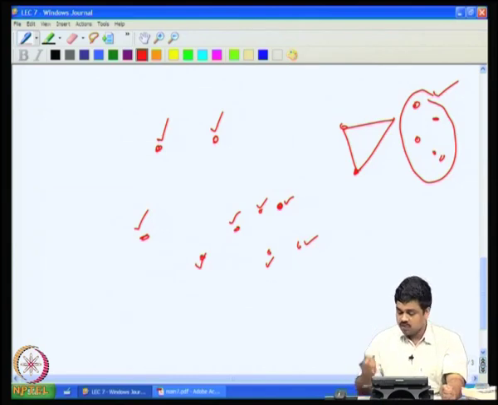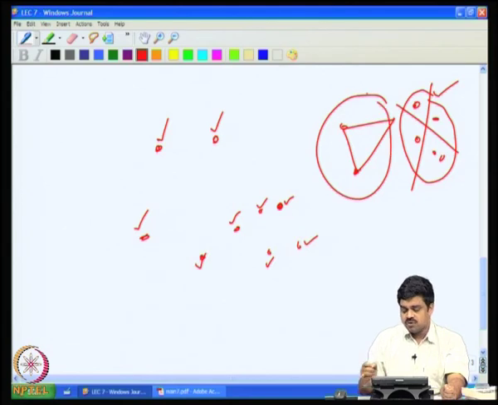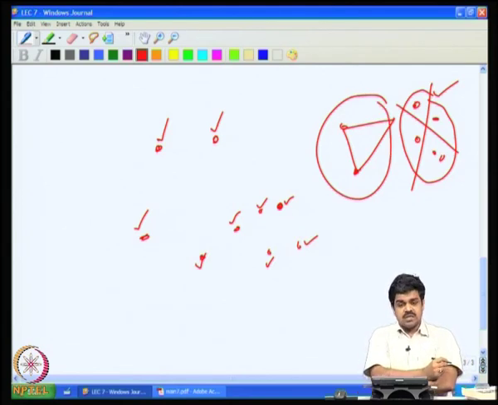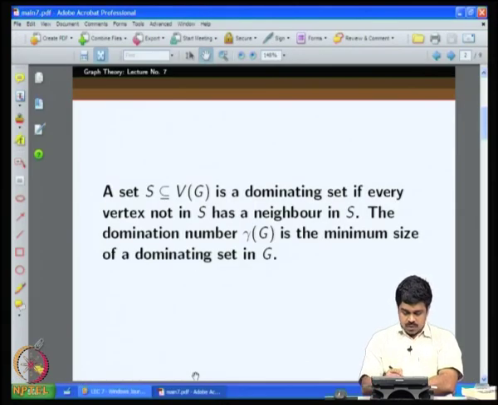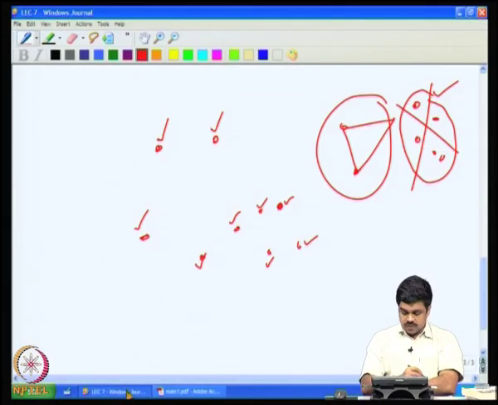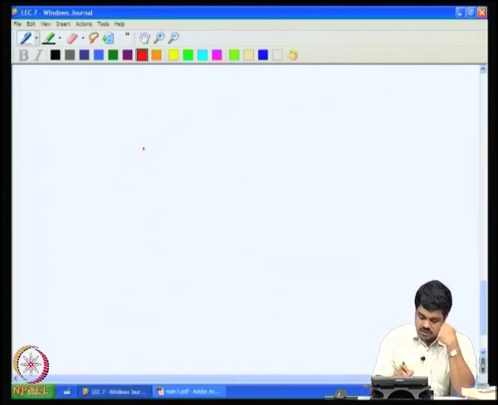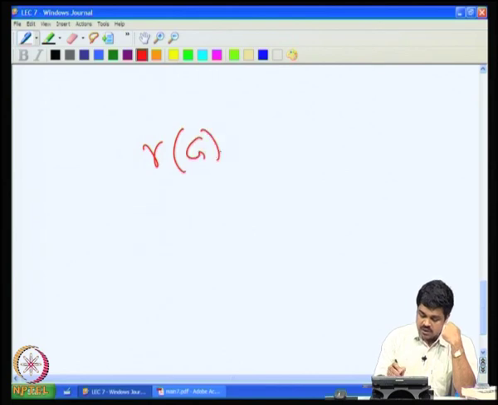But when we are looking for a vertex cover, because there are no edges, they are irrelevant, so we do not even have to worry about them. Therefore, in those cases the domination number gamma of G can be bigger than the minimum vertex cover cardinality. But suppose there are no isolated vertices in the graph, then you can easily see that this inequality holds.